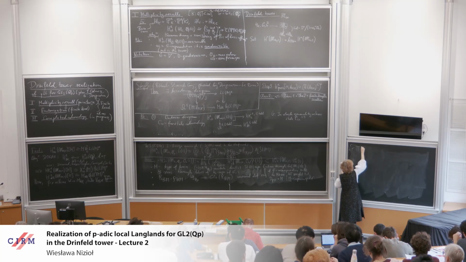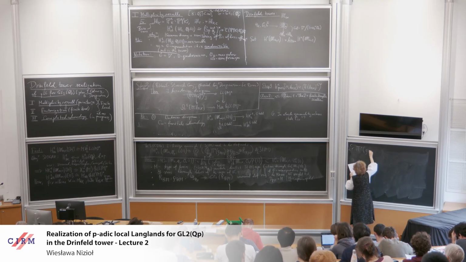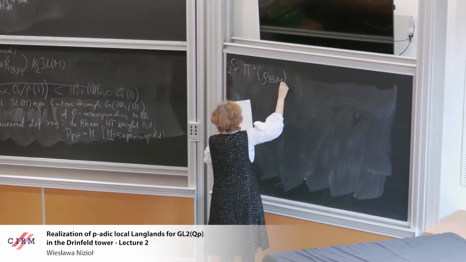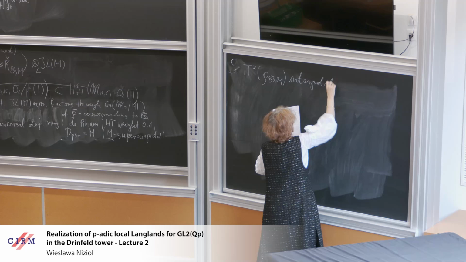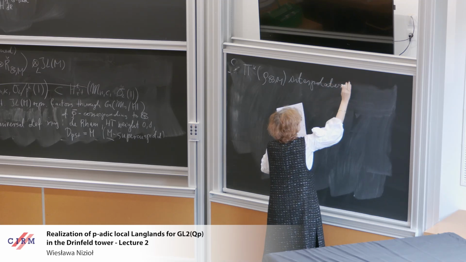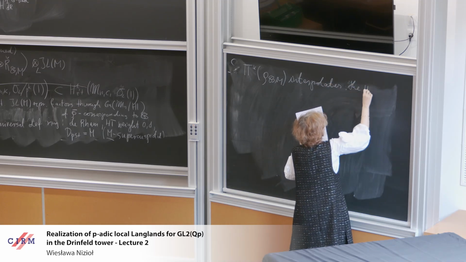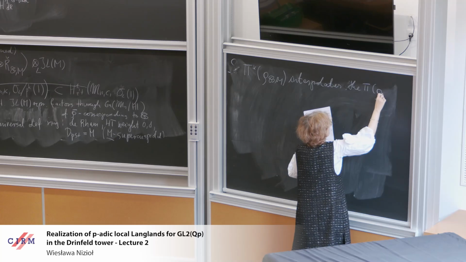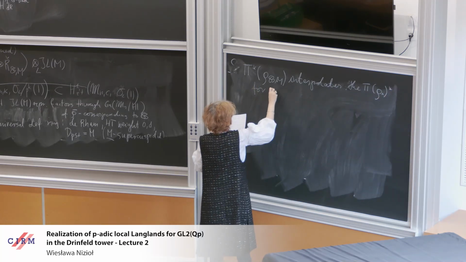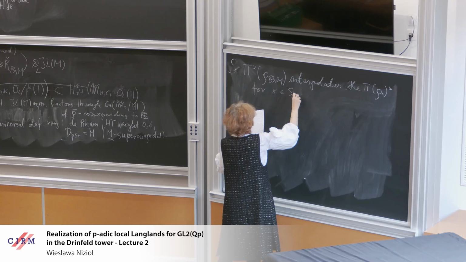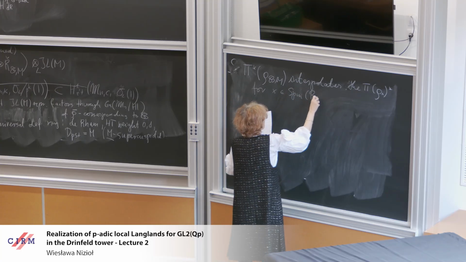We have pi of rho Bn interpolates the pi rho x dual for the points in our ring.